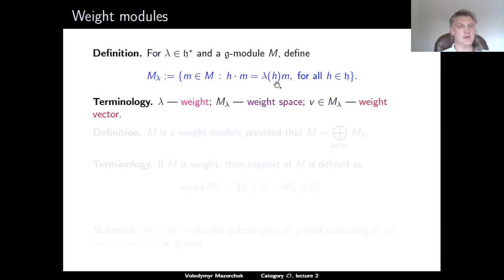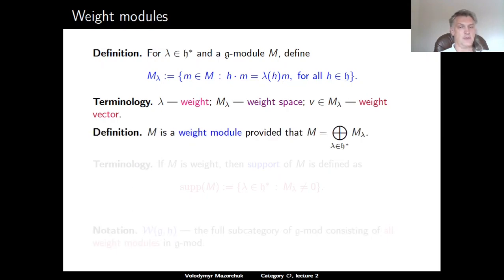The usual terminology is that elements lambda in H star are called weights. This space M_lambda is called the weight space corresponding to the weight lambda, and any element v in M_lambda is called a weight vector of weight lambda.